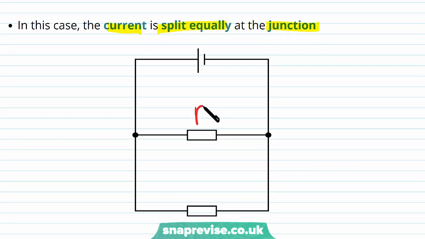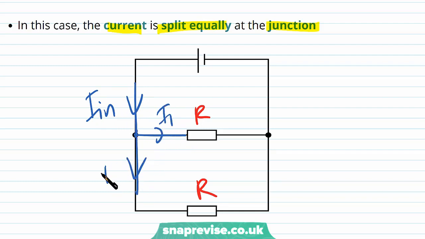If we've got a resistance R here and an equal resistance R here, when the current goes into the junction, it's going to be split equally into I1 and I2. So I1 will equal I2. And that's because both resistors will provide the same resistance to the current that wants to flow through the branch, and if the same resistance is provided, then the same current is going to be able to flow through.